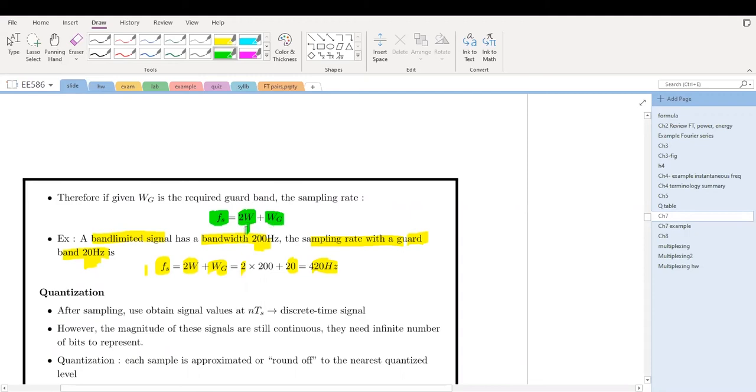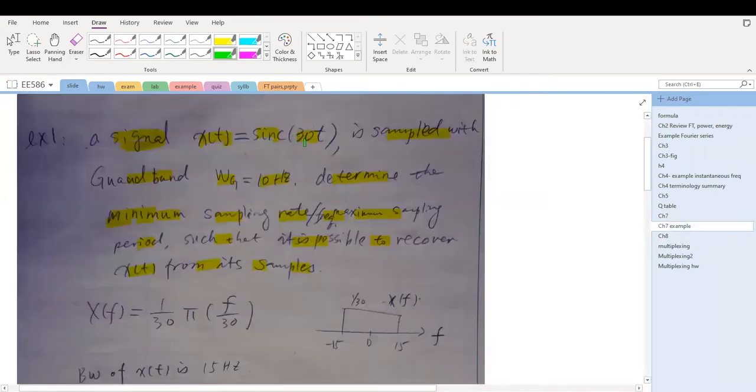First of all, we need to find the bandwidth of the signal. The signal is sinc(30t). So using the scaling property of the Fourier transform, X(f) is 1/30, that's the magnitude scaling, times pi of f divided by 30. So if we plot this, we can find the bandwidth is 15 Hz.